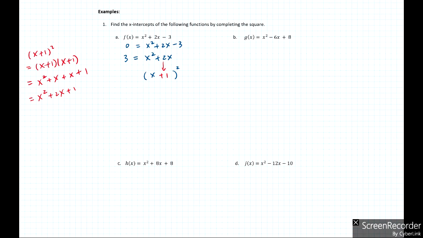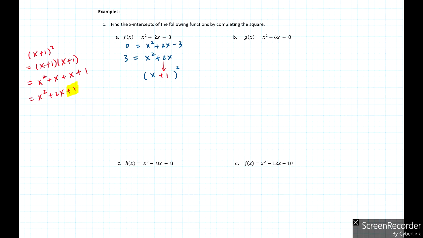Now if I want to write this whole thing, x squared plus 2x plus 1, to be a perfect square, we know this is equal to x plus 1 squared. So if you think about it, in order to go from the previous step to this perfect square, the only term I'm missing was this plus 1 compared to before when we only had 2 terms.